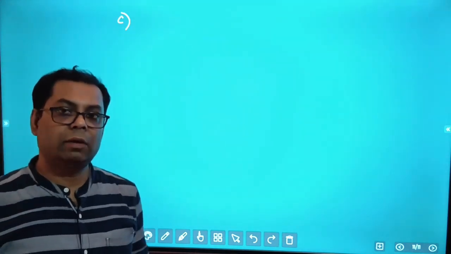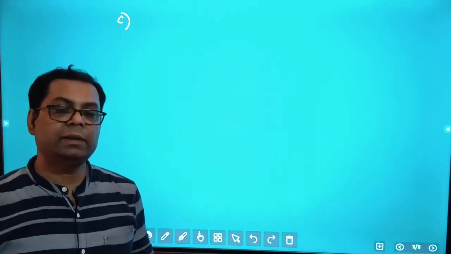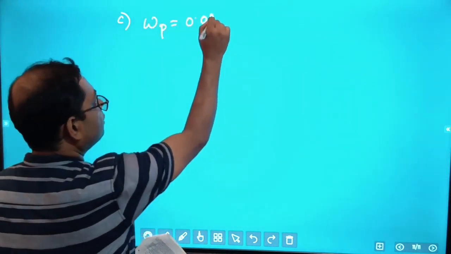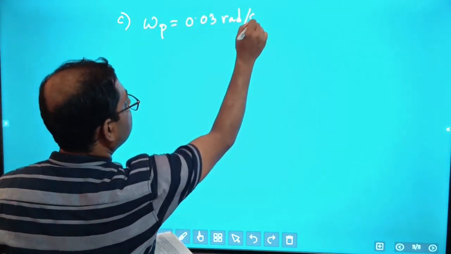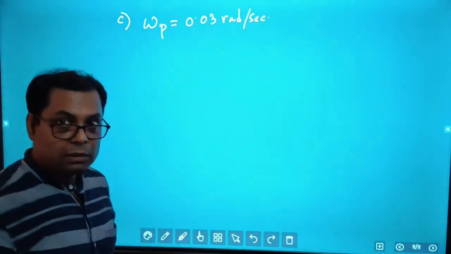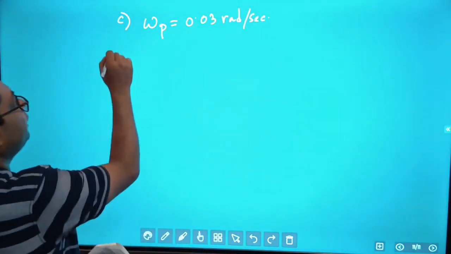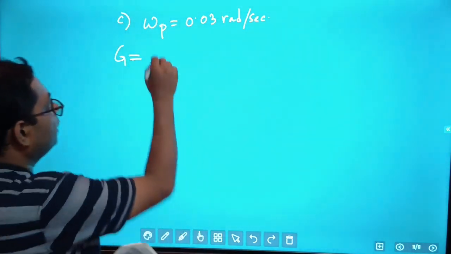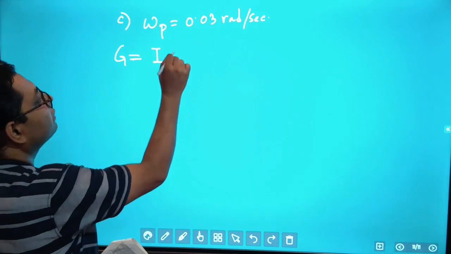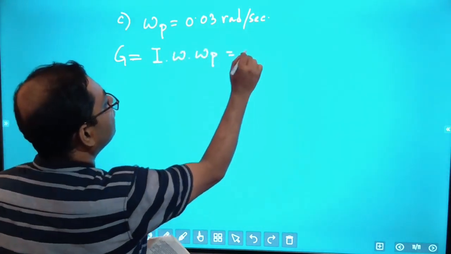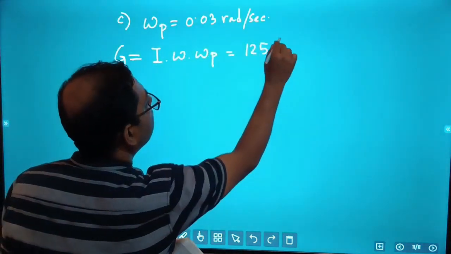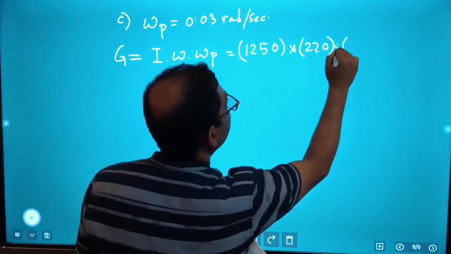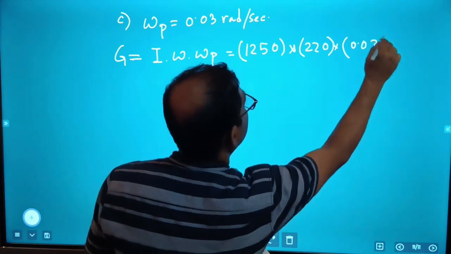During the rolling operation, it is given that the omega p value is equal to 0.03 radian per second. So when that happens, we can directly write gyroscopic couple equal to I omega p, that is 1250 into omega 220 into omega p 0.03.